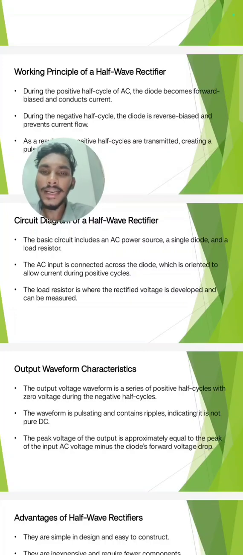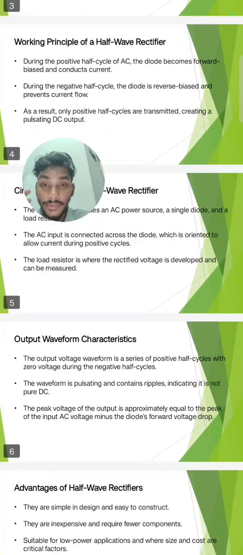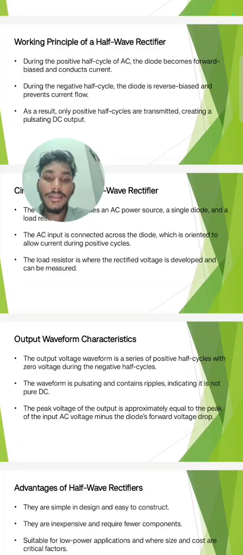We don't get a full DC waveform. The peak voltage of the output is approximately equal to the peak of the input AC voltage, minus the diode's forward voltage drop.